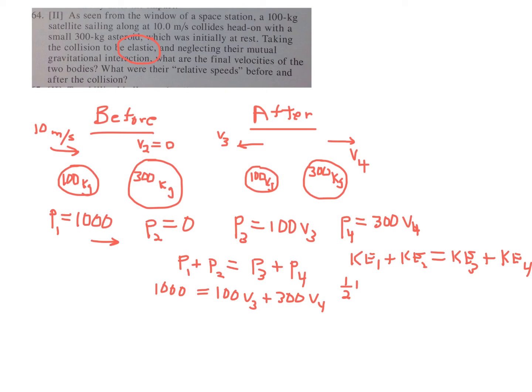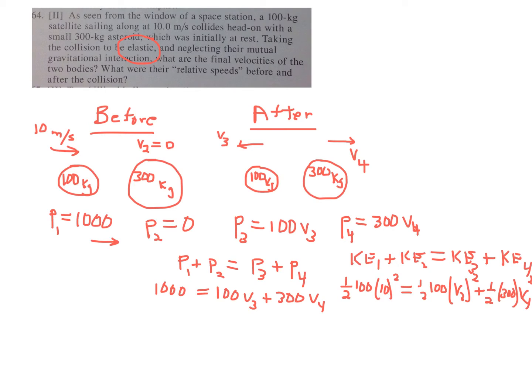So I have 1/2 100 times 10 squared plus 0 for the non-moving asteroid before the collision equals 1/2 100 times v sub 3 squared plus 1/2 of 300 times v sub 4 squared. It's v sub 4 squared there. I'm sneaking that in. Alright, let's do some simplifying here.